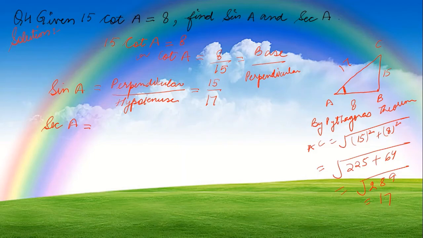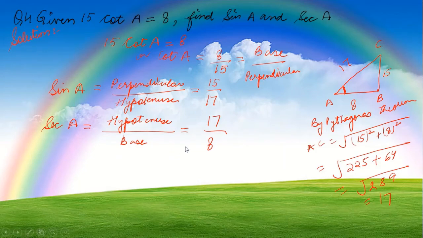Now sec A is the reverse of cos A. So it will be hypotenuse upon base. Now see, for angle A, hypotenuse is 17 and base is 8. So this is the way how you have to solve it.